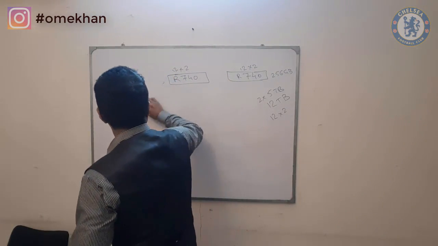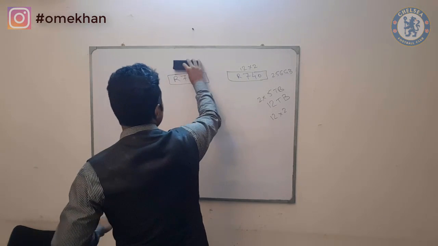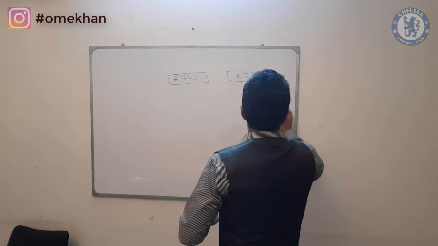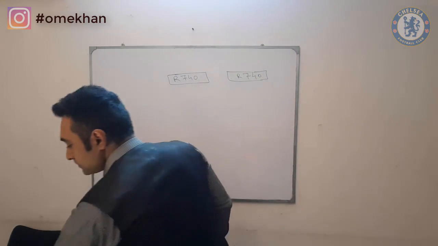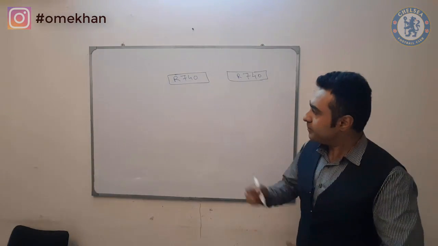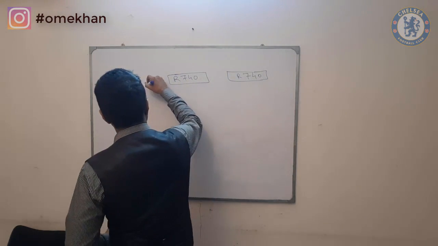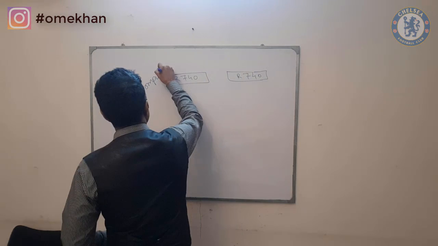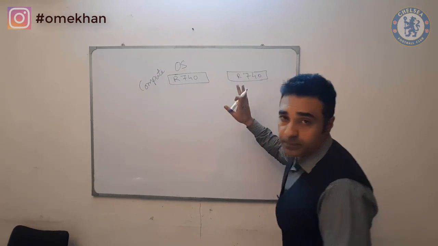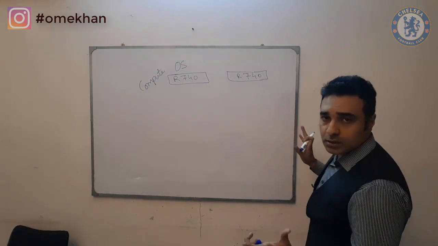Let's try to make the configuration of your servers a little bit neat and clean. So these are your 2 servers. Compute is here, OS is here on both of them. They are both identical.